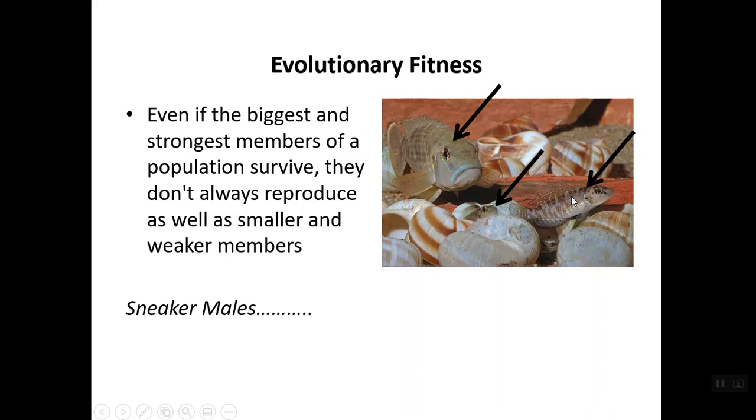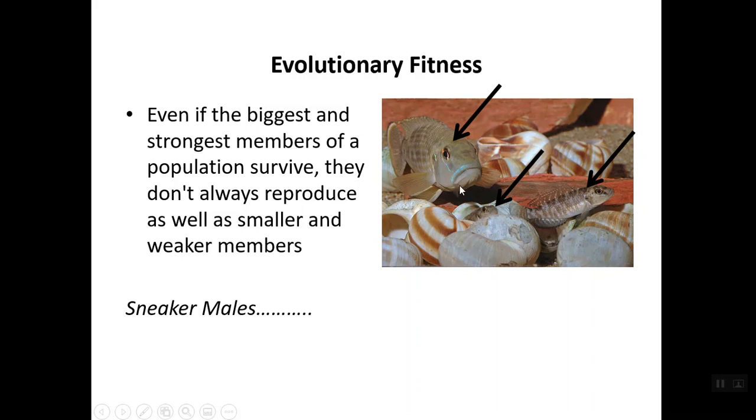So what happens here is that because the big male is not actually able to distinguish between the female and the small male, it allows the small male to stay around the female. And while this female is depositing the eggs, the small male will be closer to the female and release the sperm, and so will have more chances of fertilizing the eggs than the big male.